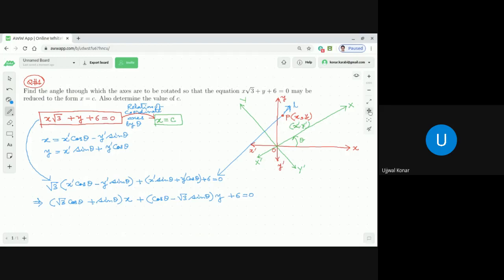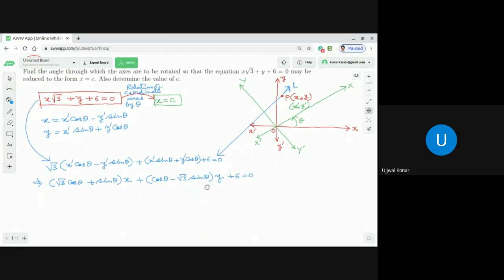Now, according to the question, this particular equation is in the form of x equal to c. So this equation, root 3 cos theta plus sin theta into x plus cos theta minus root 3 sin theta into y plus 6 equal to 0, is actually equivalent to the equation of x equal to c.